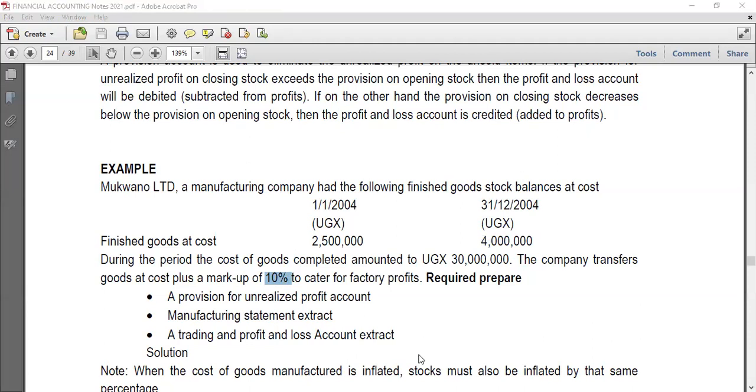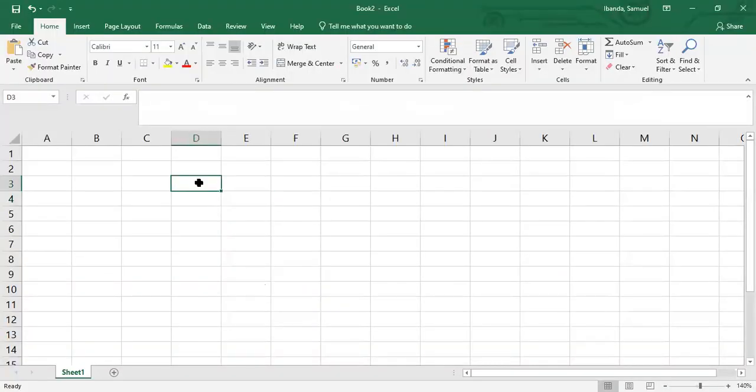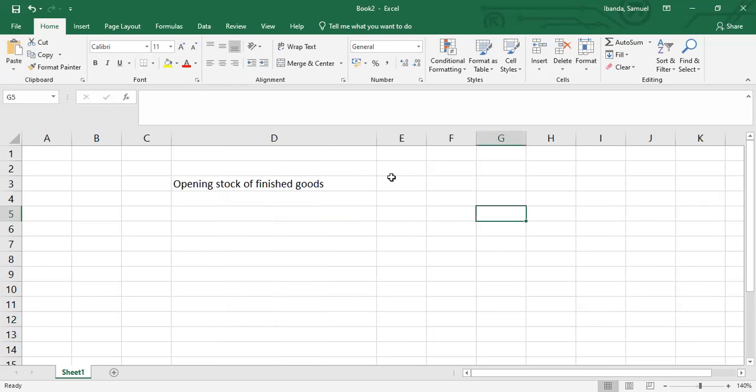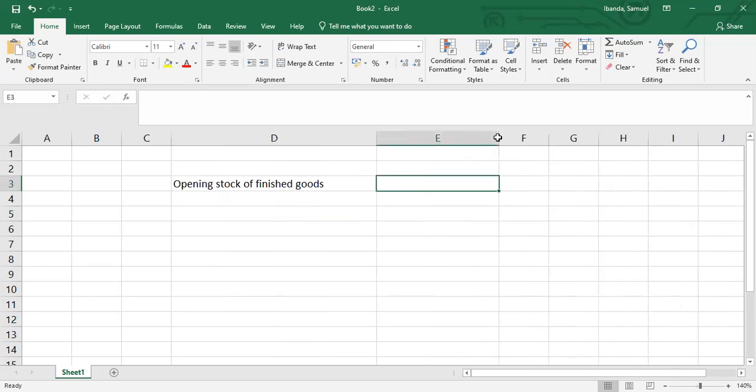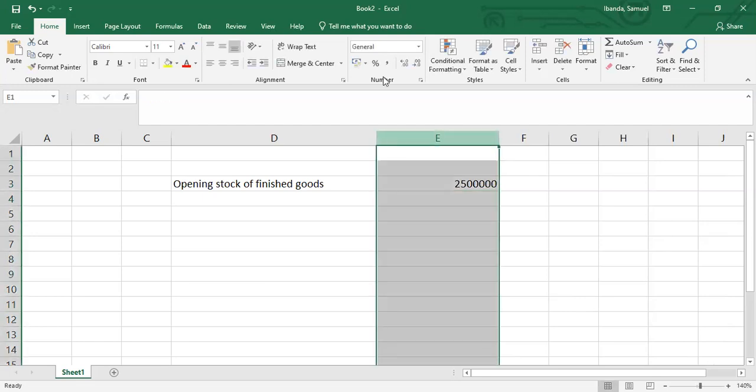So let me get one of my cells here. We have our opening stock of finished goods, and this was 2.5.